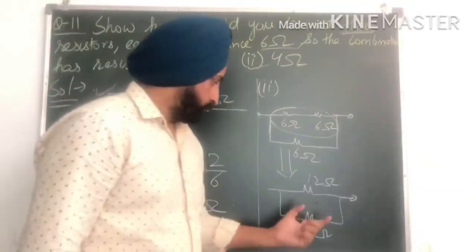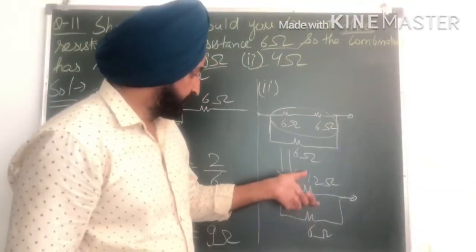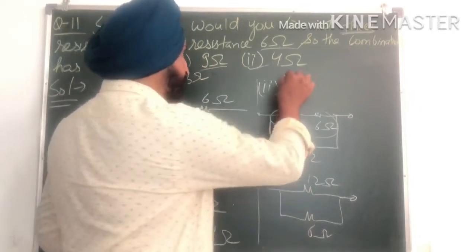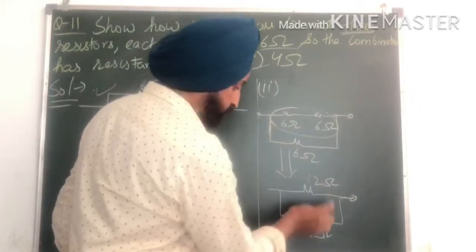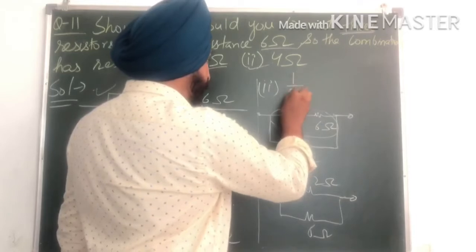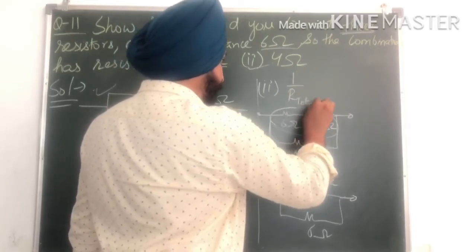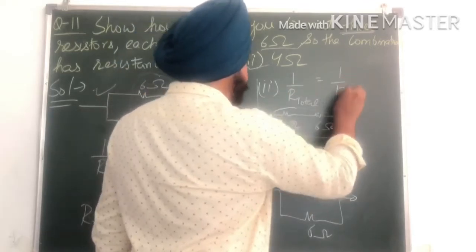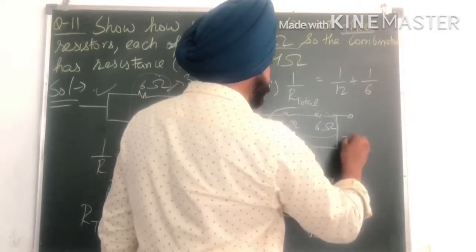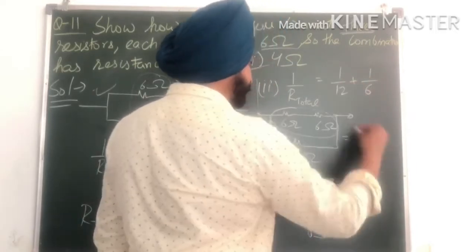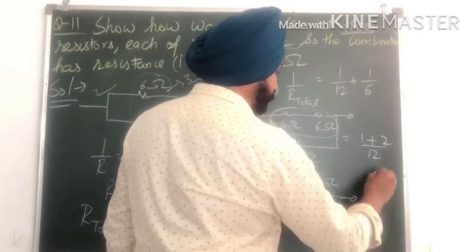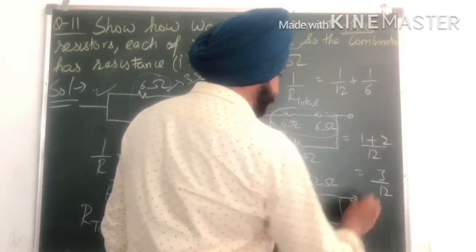Fine. Now from this circuit we can easily calculate the net resistance, and net resistance would be equal to, because these two are in parallel, so 1 by total resistance, it would be equal to 1 by 12 plus 1 by 6. So 12 will be our LCM, it will be 1 plus 2, that is equal to 3 by 12. Fine.